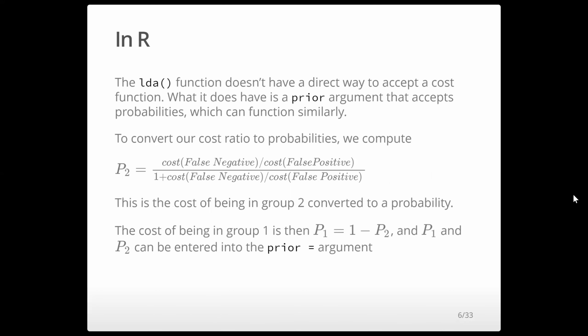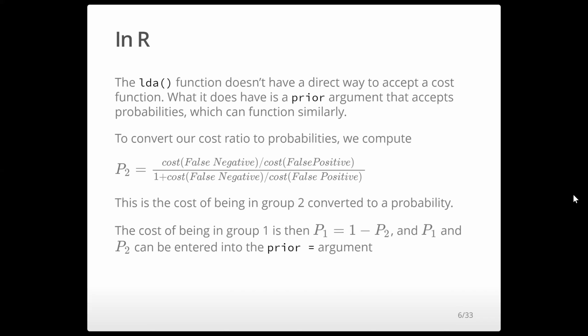The LDA function doesn't have a direct way to accept the cost function, but what it does have is a prior argument that accepts probabilities, which can function similarly. To convert our cost ratio to probabilities, we compute the ratio of the costs divided by 1 plus the ratio of the costs. This gives us the cost of being in group 2 converted to a probability.